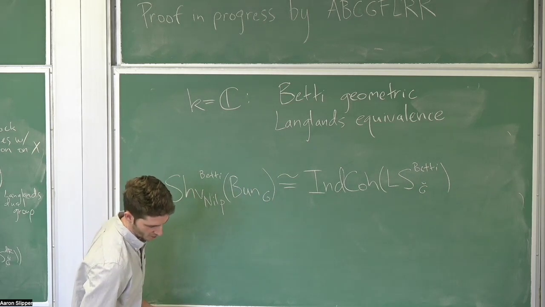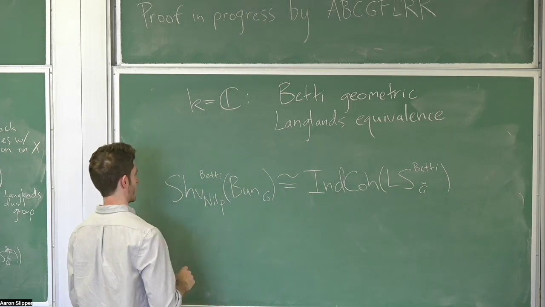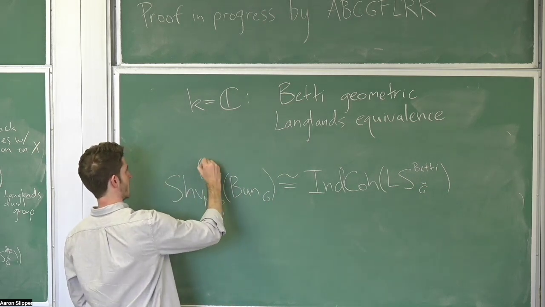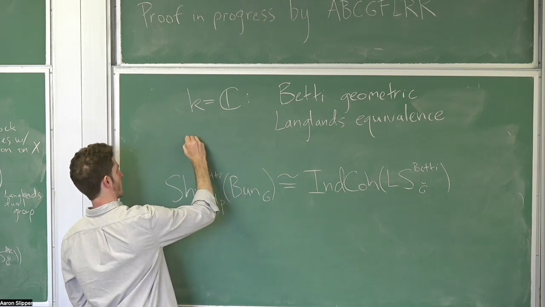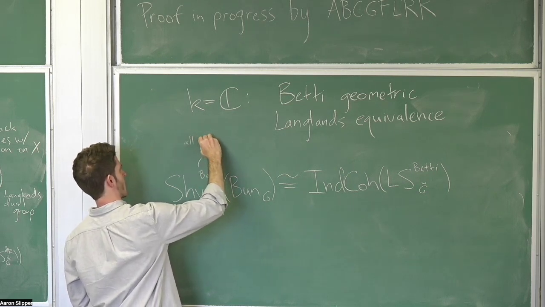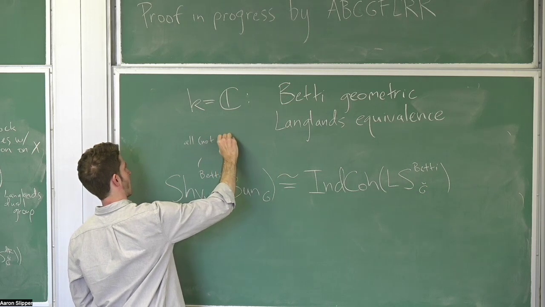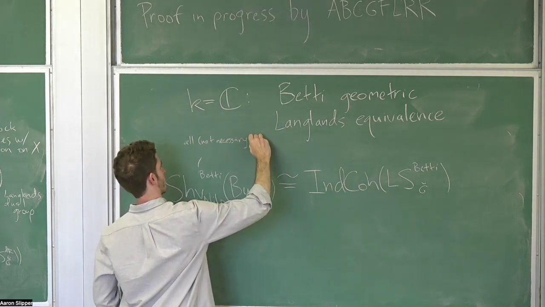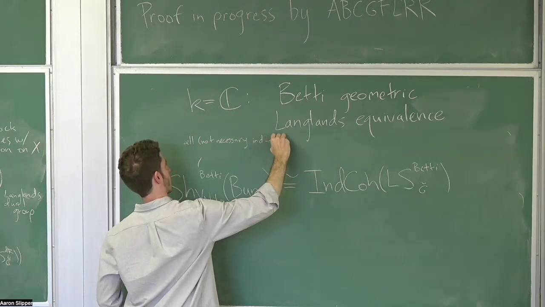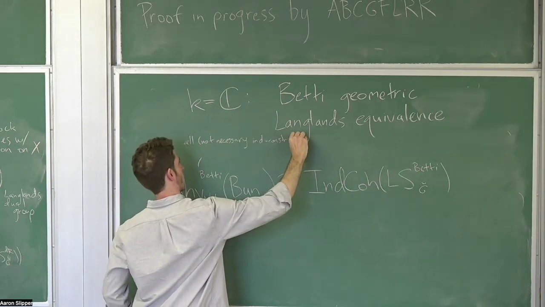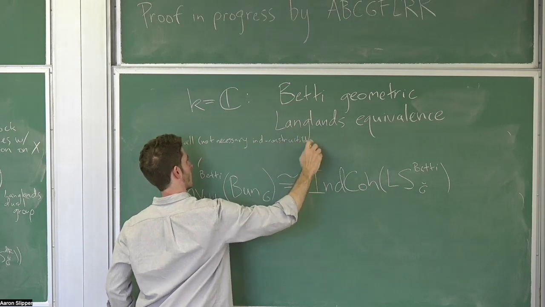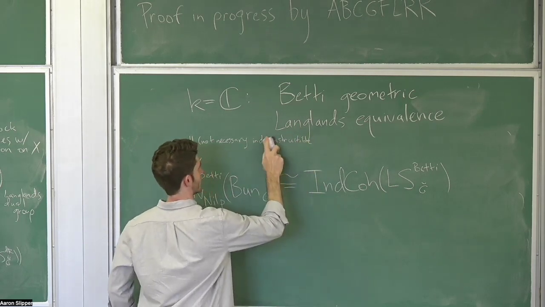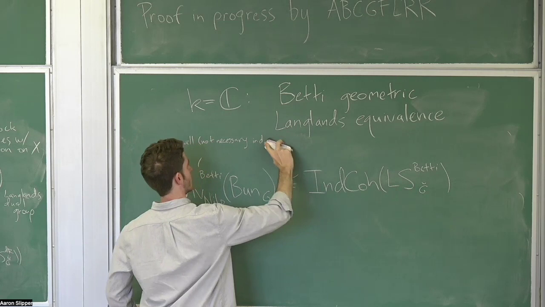Okay, so let's explain all of the notations. So first of all, what is Betti sheaves? Here, I mean all sheaves, so not necessarily constructible.